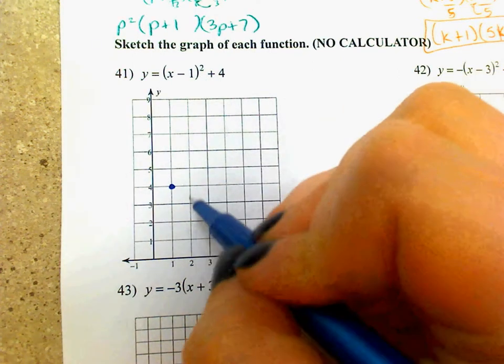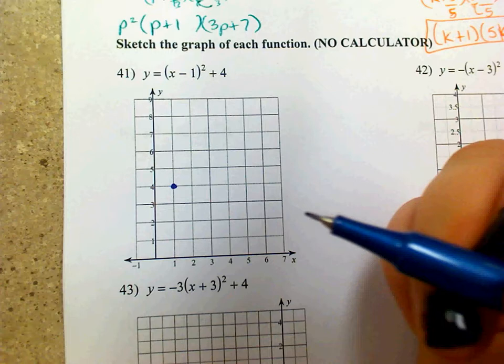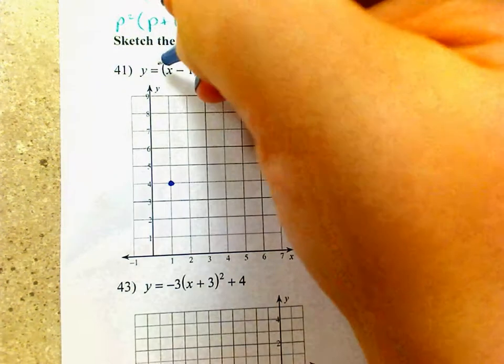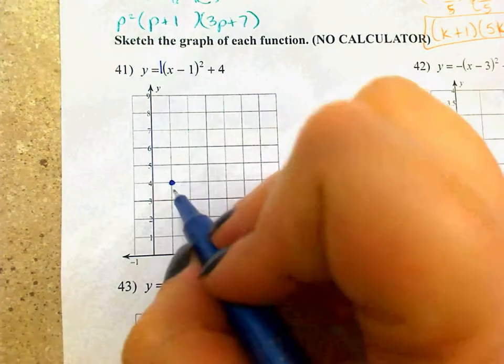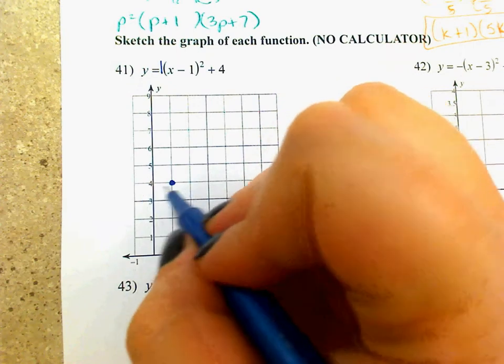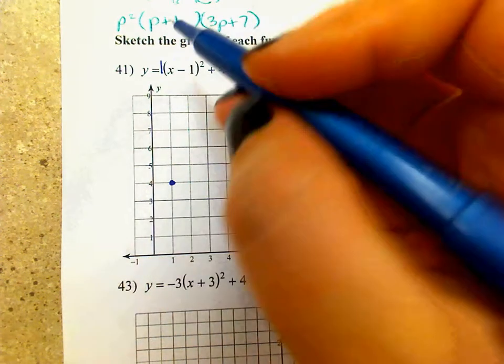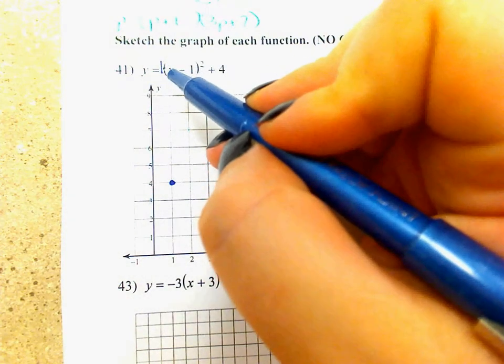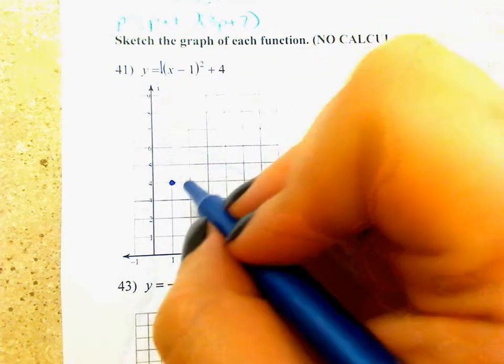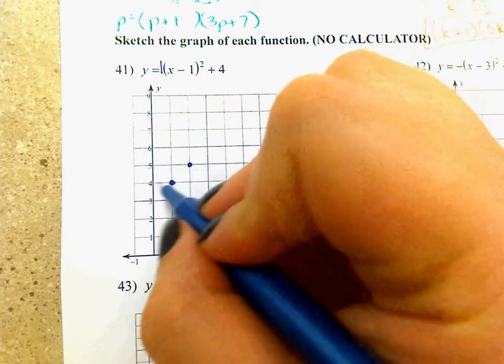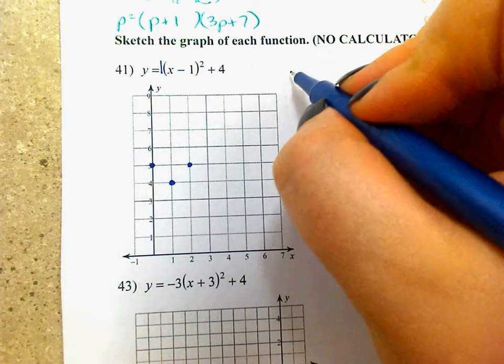Or you can use the number in the front, and here's what I know. If I go to the right one and to the left one of the vertex in a parabola, it's always going to be, you go up or down that number in front. So if it says plus 1, then I go to the right one and go up 1, left 1 and up 1.